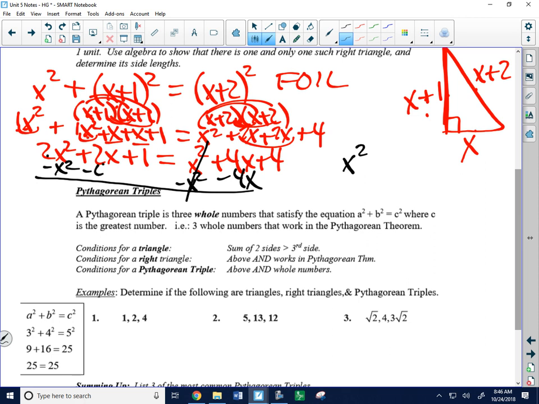Now I'm going to subtract 4x. So 2x minus 4x is negative 2x. Subtracting 4, 1 minus 4 is negative 3. And 0 is left on the right side. And now I can factor, and it will work.